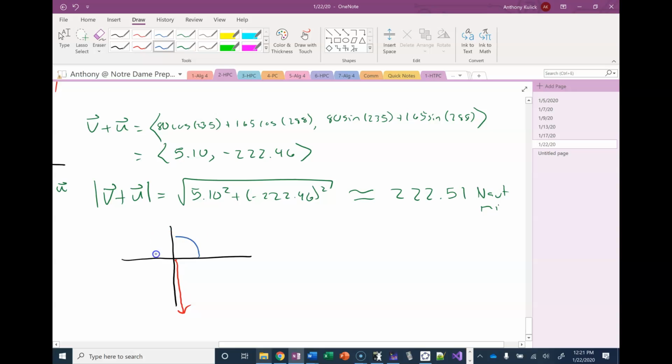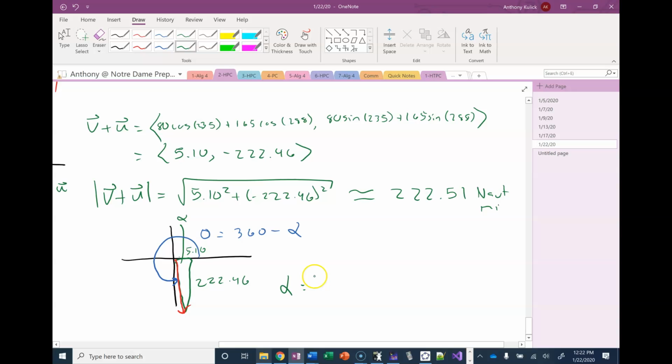So the direction that I'm looking for is this angle here. This angle theta is going to equal 360 minus alpha, where alpha is that angle there. The side lengths here are 5.10 and 222.46.